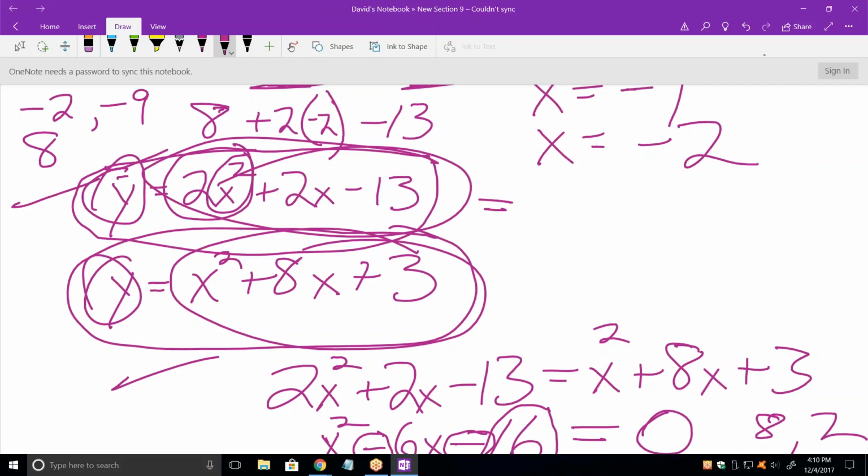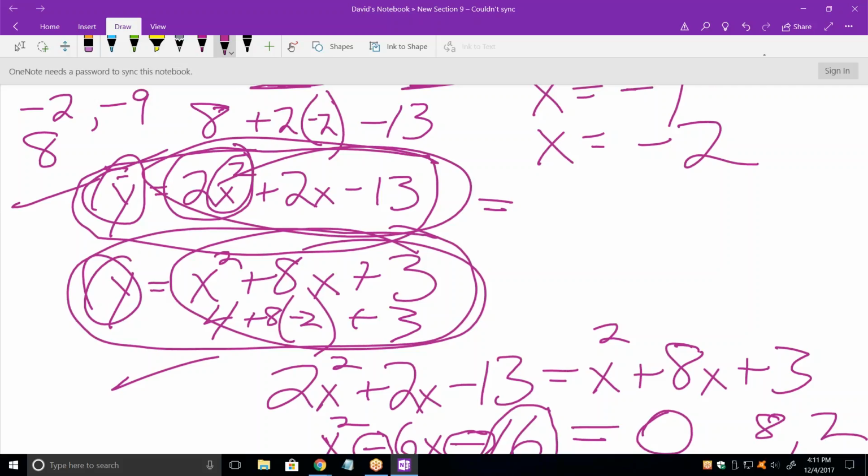So the y coordinate that goes with the -2 is -9. In other words, that equation gives you -9 if you substitute -2. Now let's substitute -2 down into the second equation and see if it works. Make sure we still get -9. So what's squared? Is 4. Plus 8 times -2 plus 3.